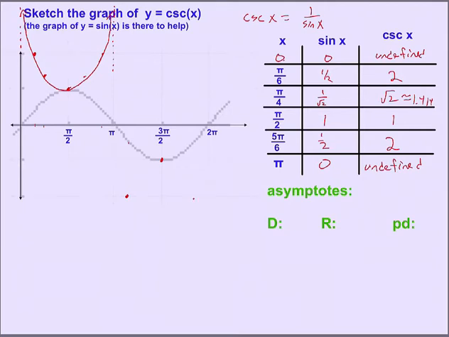And just like the sine of pi is 0, so the cosecant of pi doesn't exist, the sine of 2 pi is 0, and so the cosecant of 2 pi also doesn't exist. So there's going to be a vertical asymptote there too. But everything is on the negative side.